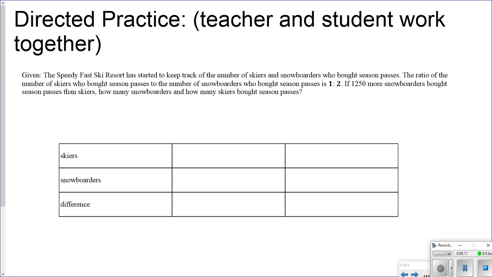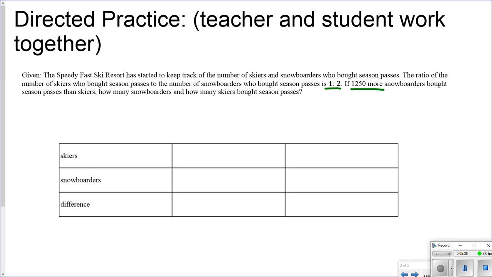Given: the Speedy Fast Ski Resort has started to keep track of the number of skiers and snowboarders who bought season passes. The ratio of the number of skiers who bought season passes to the number of snowboarders who bought season passes is 1 to 2. If 1,250 more snowboarders bought season passes than skiers, how many snowboarders and how many skiers bought season passes?